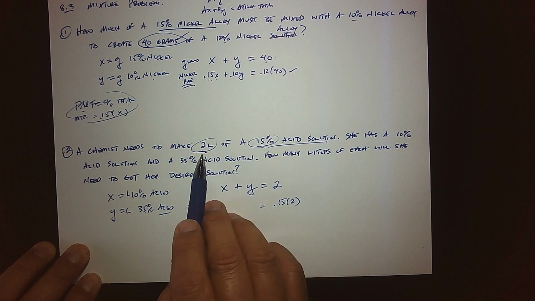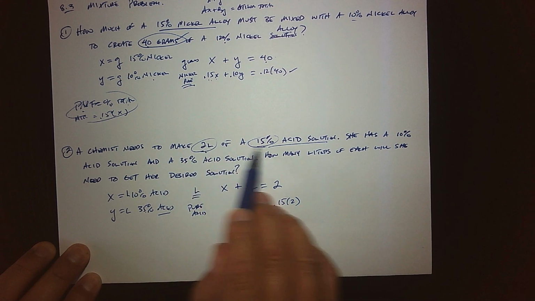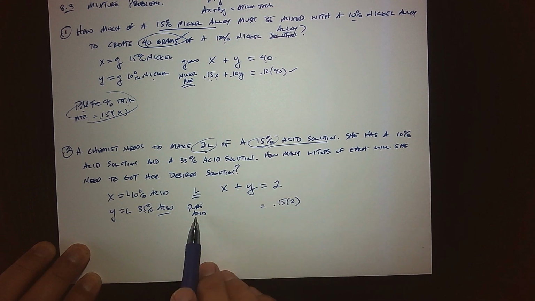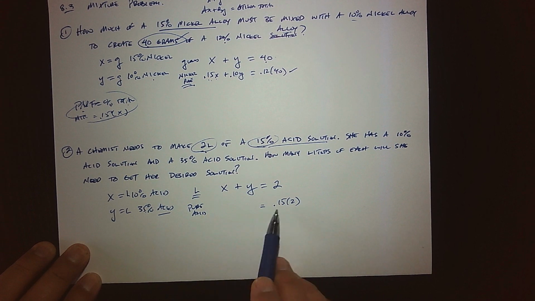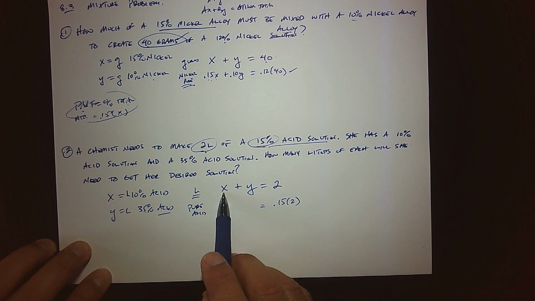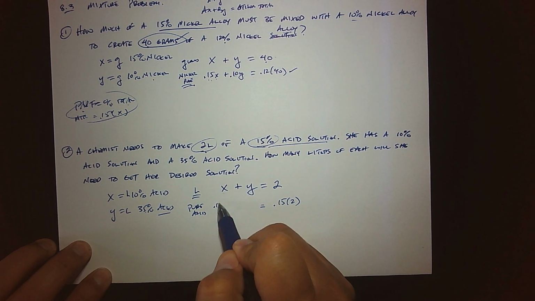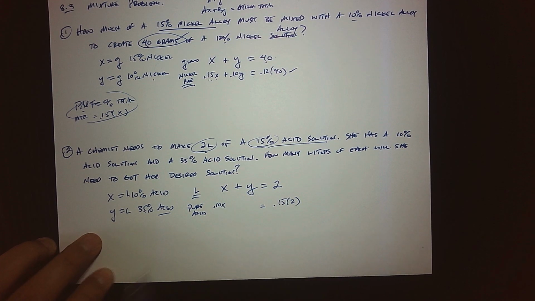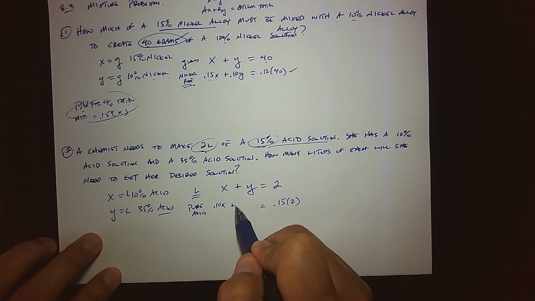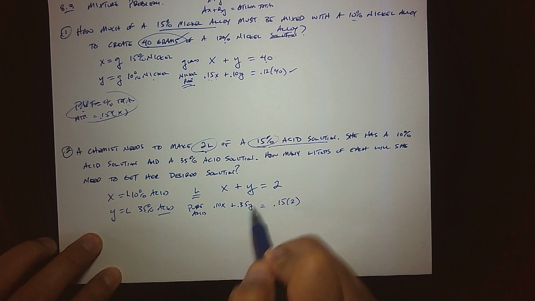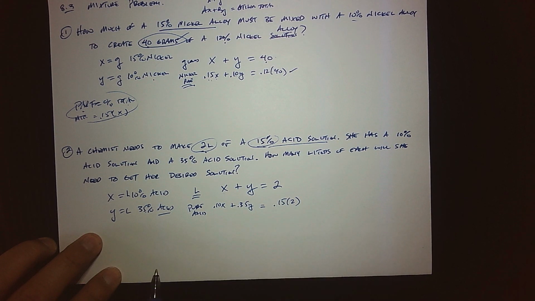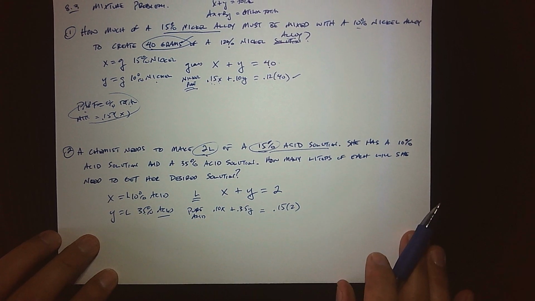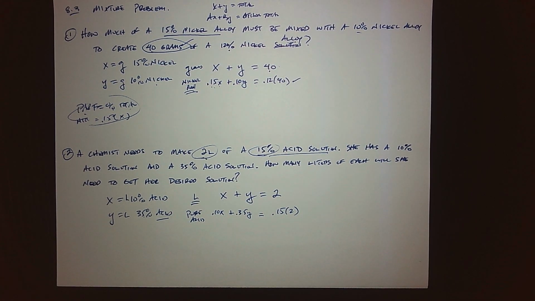So I have 2 total liters, 15% of it is acid, so what's the pure acid amount? 0.15 times the total, part, percent times the total. So what about the pure acid coming from this amount? Well, 10% of it is acid. What about this amount? 35% of it is acid. There's your strength equation. So 2 unknowns, 2 equations, we're set up, we're ready to solve.